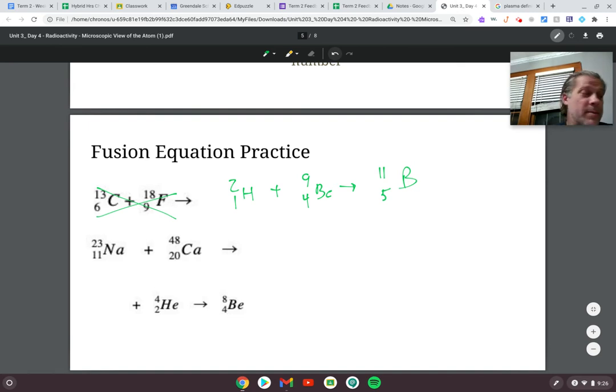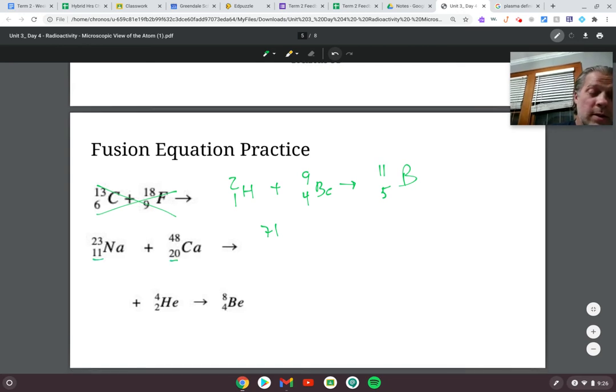What I'm going to do is add my mass numbers together, which in this case is 23 plus 48. And when I plug that into my calculator, I get 71. So my new mass number is 71. I'm going to take 11, which is sodium's atomic number, and 20, which is calcium's atomic number, and add them together, and I get 31.